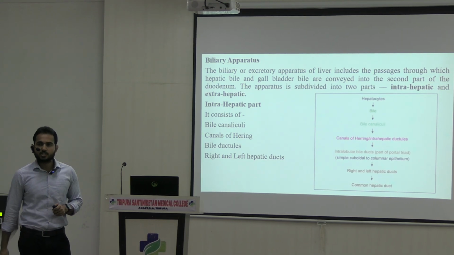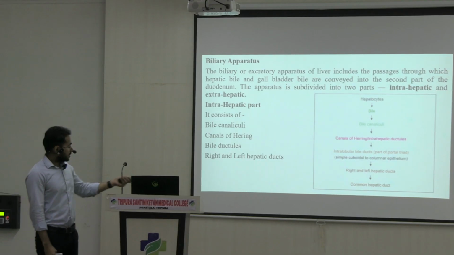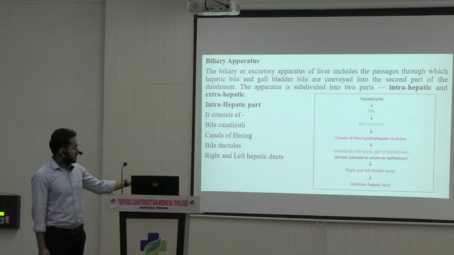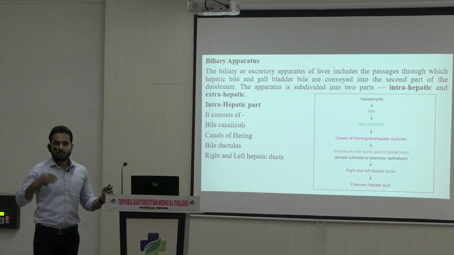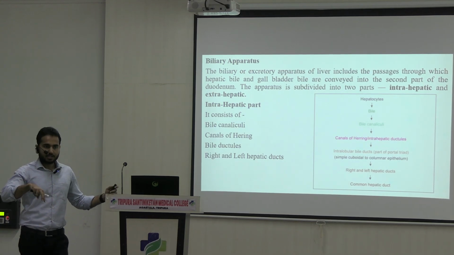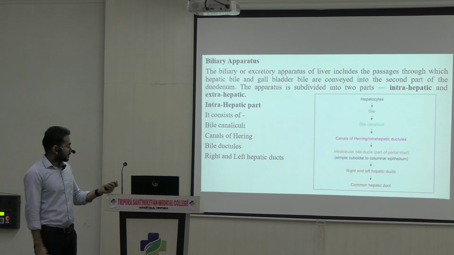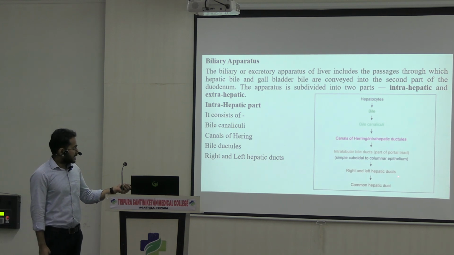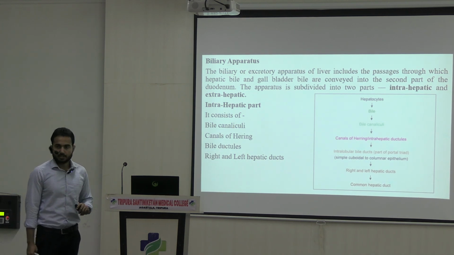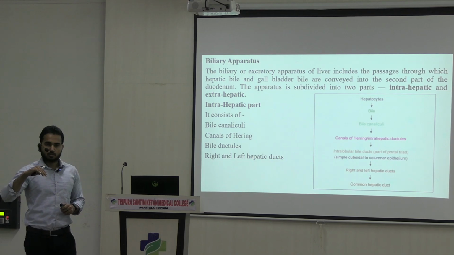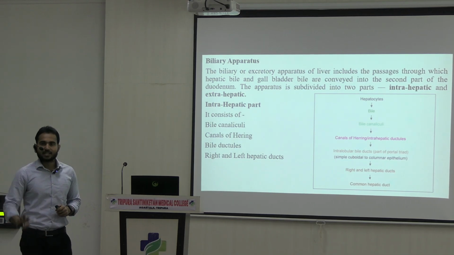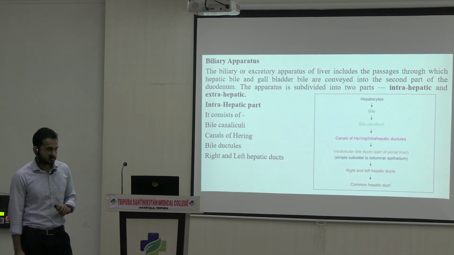Up to this much, you can see, is the intrahepatic, the intralobular bile ducts. Beyond that, it is coming out from the liver, that is the extrahepatic part. So from the right and left hepatic ducts, the extrahepatic part starts.